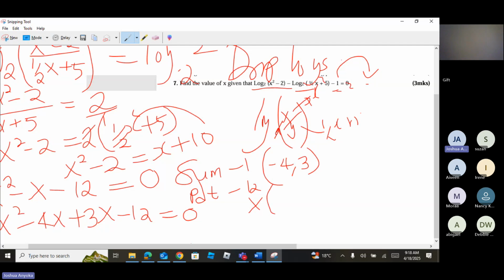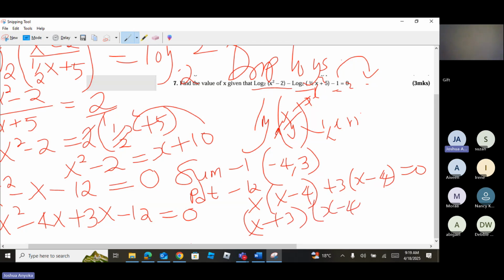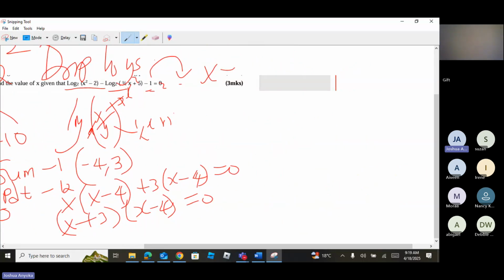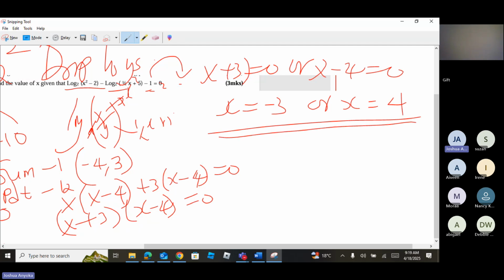Factor out what is common. x is common: x minus 4, plus 3, x minus 4, is equal to 0. So x plus 3 and x minus 4 is equal to 0. So x plus 3 equals 0, or x minus 4 equals 0. So x is equal to -3, or x is equal to 4. And you have worked it out in that flow.